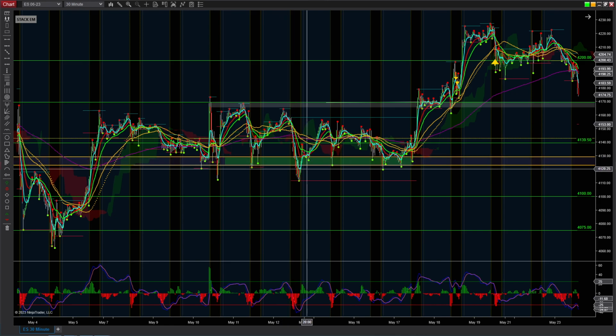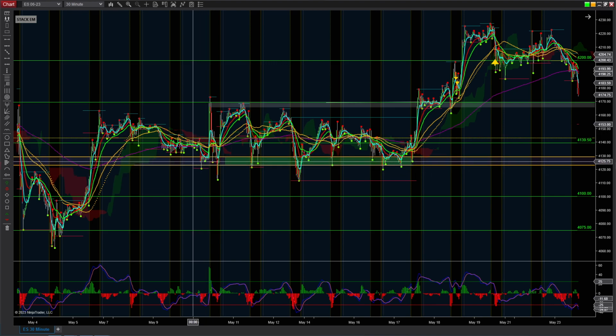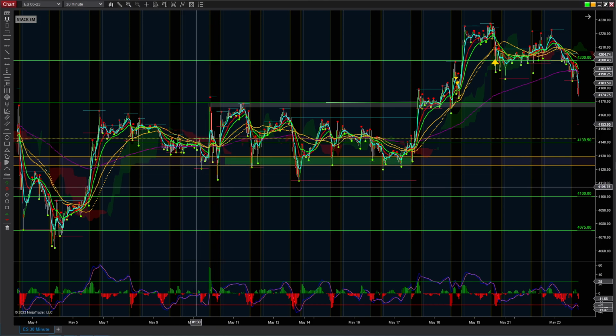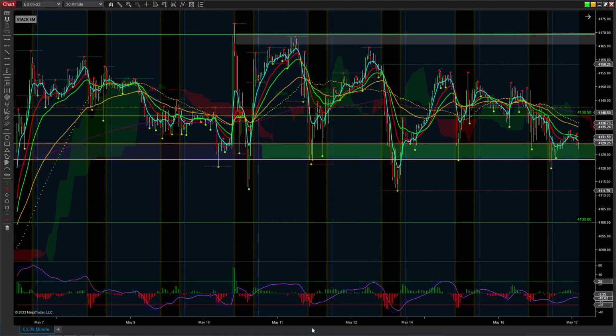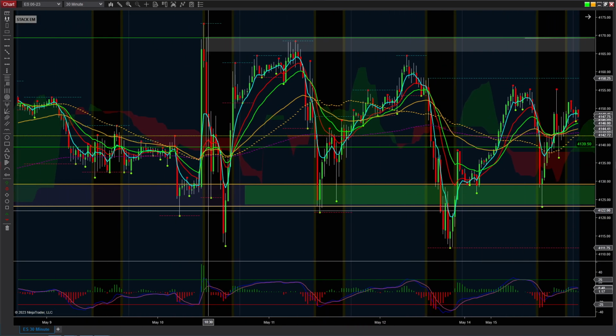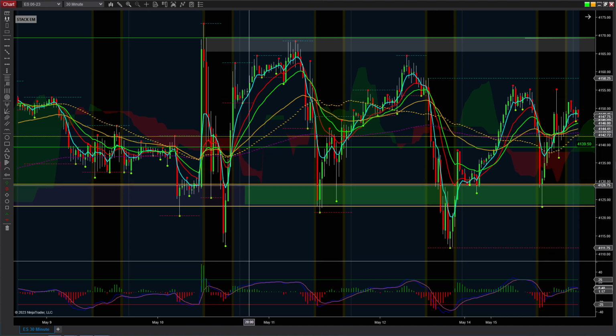Why did I mark it there? Because there is a move in this initial area with a wick in the candle right there. I'm going to expand it a little bit so you can see it better.